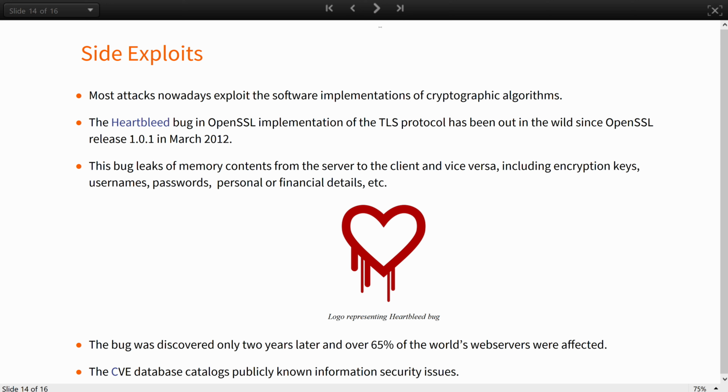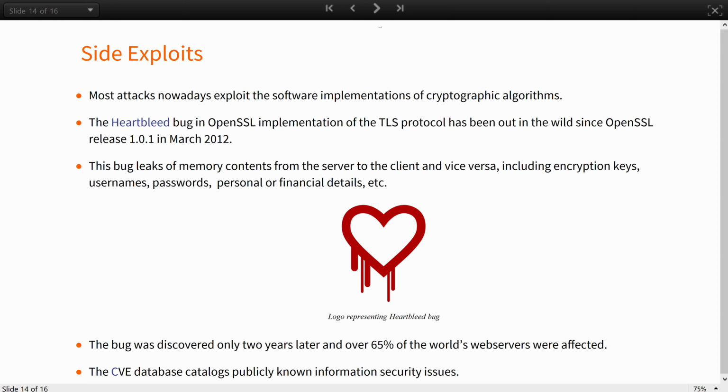The bug was discovered, exposed to the public, and fixed only 2 years later with a new OpenSSL release in April 2014. The worst part: at the time of discovery, an estimated share of over 65% of the world's web servers were affected, and it is not known how many may have been abused and for how long.